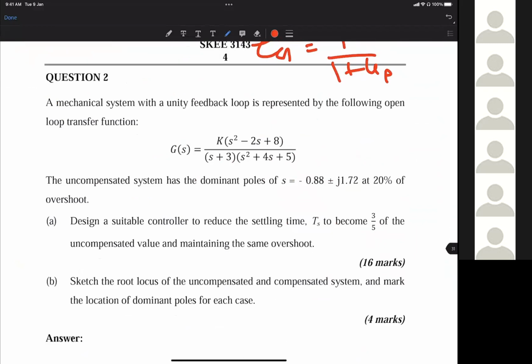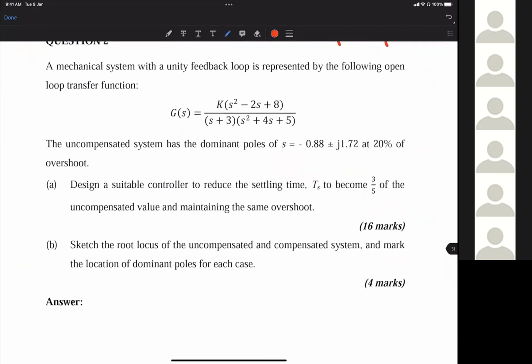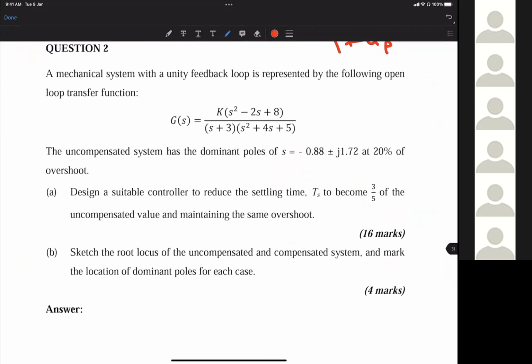Muhammad Tauri, continue. Question 2. A mechanical system with a unity feedback loop is represented by the following open loop transfer function G(s), and the uncompensated system has dominant poles at s equals minus 0.88 at 20% overshoot.